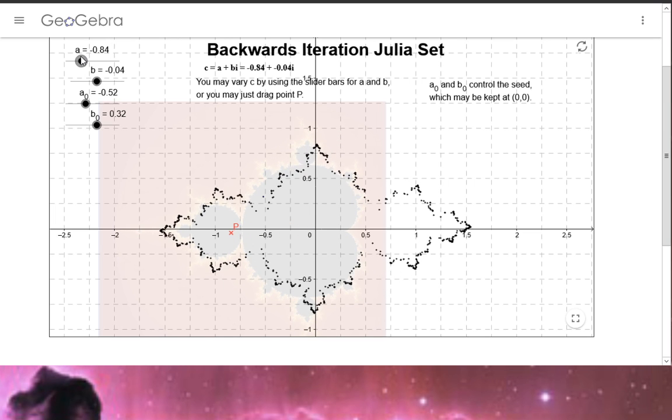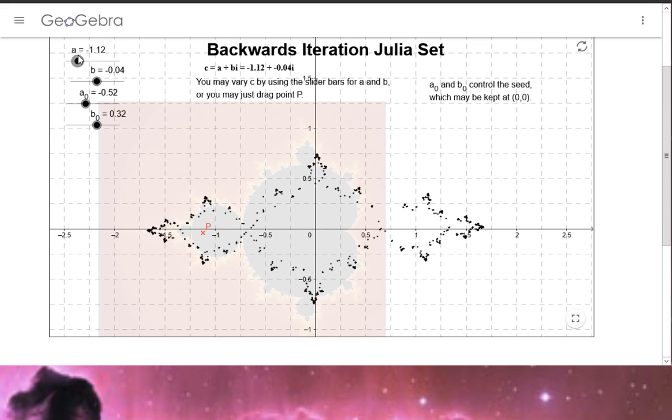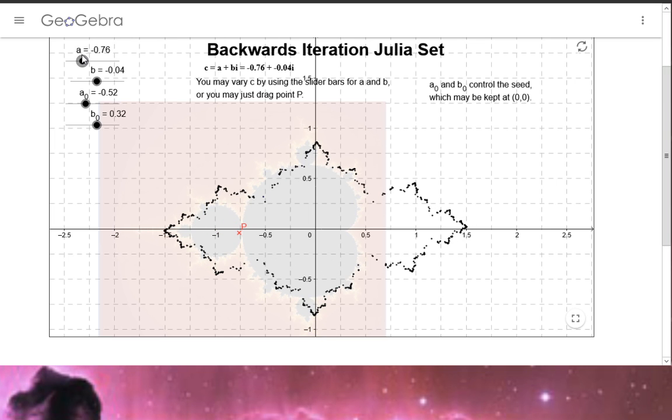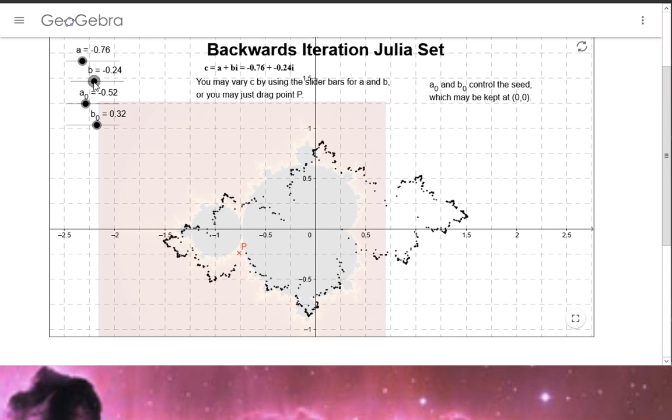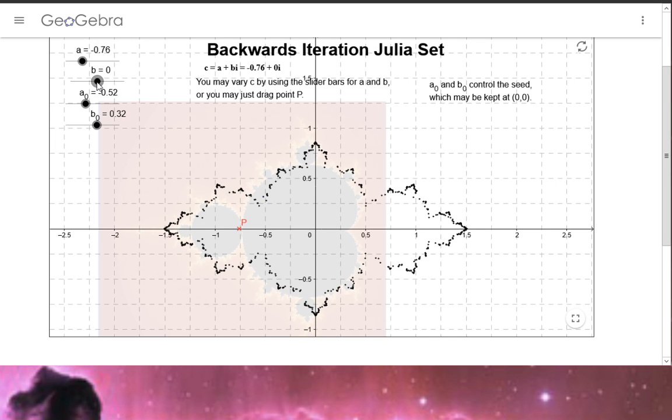It would be interesting to plot this as a form of music, but the problem is that you're dealing with real and imaginary numbers.